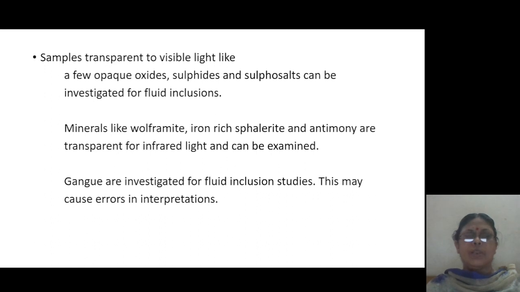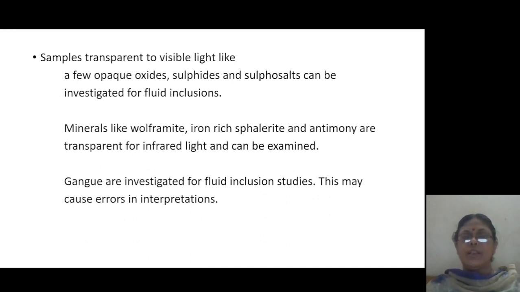Samples transparent to visible light can be studied, unlike a few opaque oxides, sulfides, and sulfur salts. These are the most common ore minerals; ore minerals are mostly in the form of oxides, sulfides, and sulfur salts. Transparent ones can be investigated for fluid inclusions. And minerals like wolframite, which is a tungsten ore, and iron rich sphalerite.